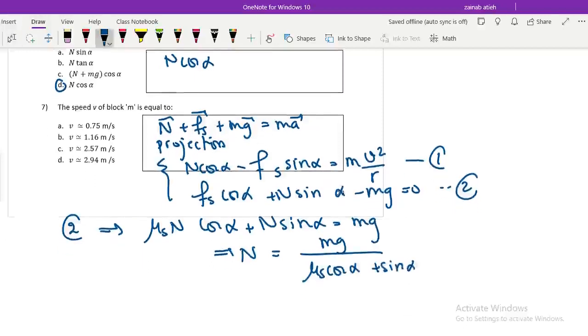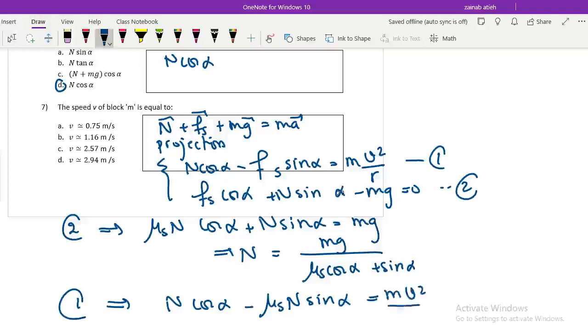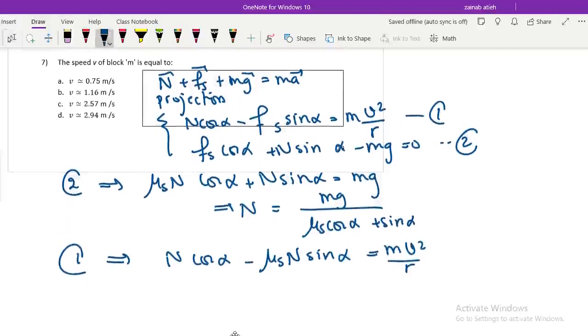So using equation 1 we will get N cosine alpha minus Fs, which I will substitute with mu s N sin alpha, equal to m v square over r. Now what do I do? I take N common and substitute the value I found above.